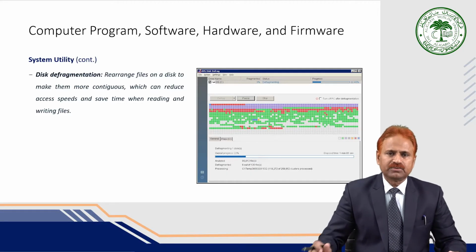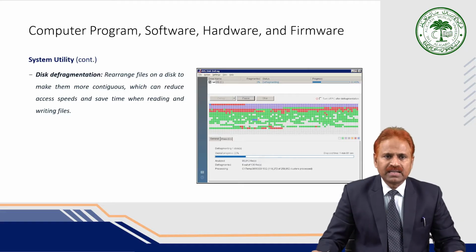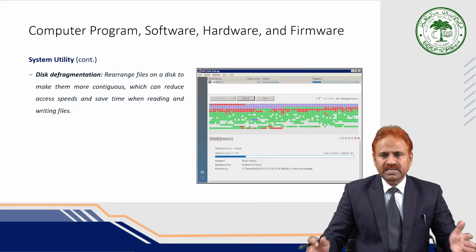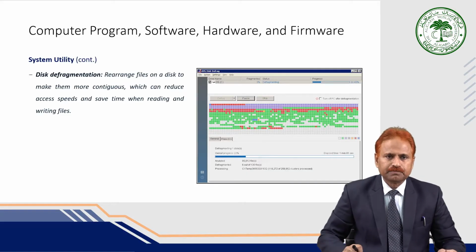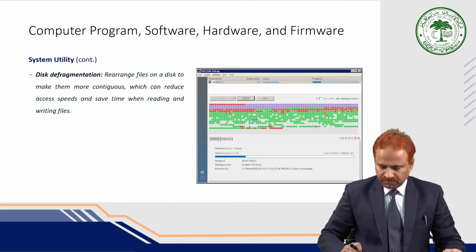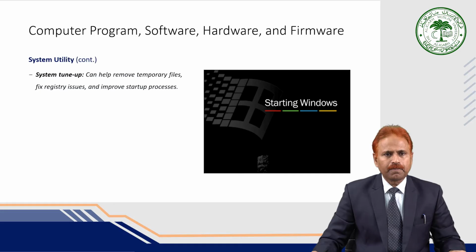So they try to arrange the files in a more contiguous manner so that read and write operations can be performed efficiently. This utility is known as disk defragmentation, and using it helps improve the performance of the system.